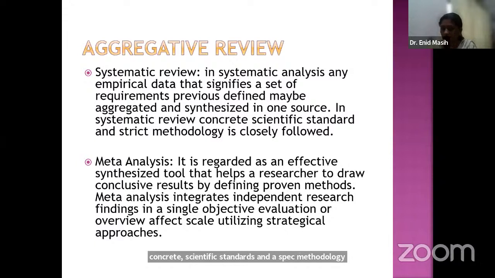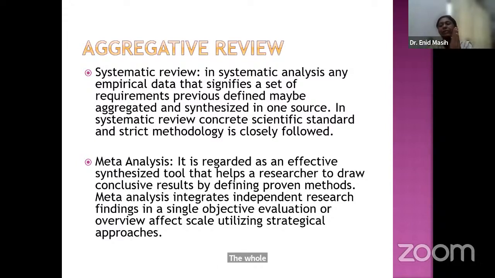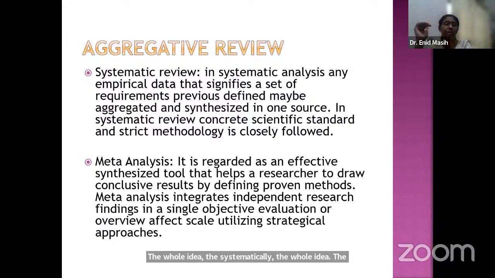So when we talk about systematic review, as the name in itself suggests, a systematic review is basically a review which is done systematically. The whole idea of the system is very important when we follow a systematic literature review.